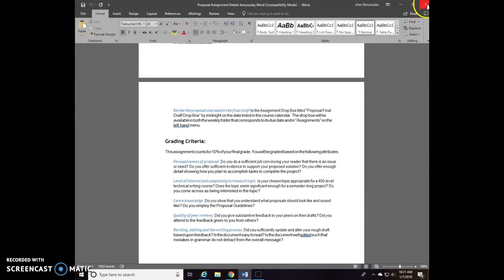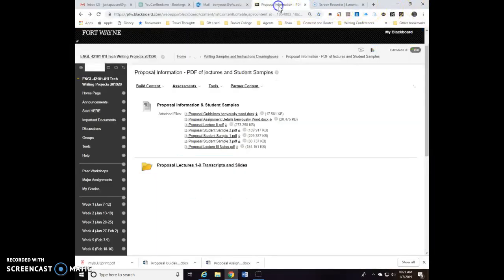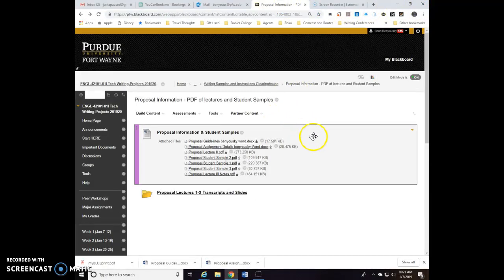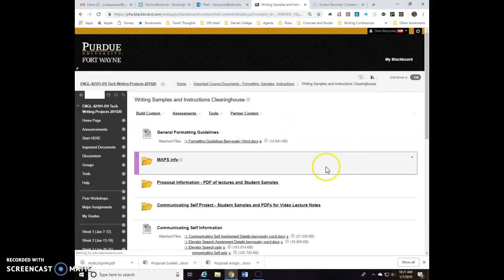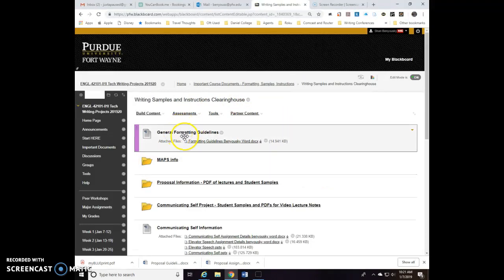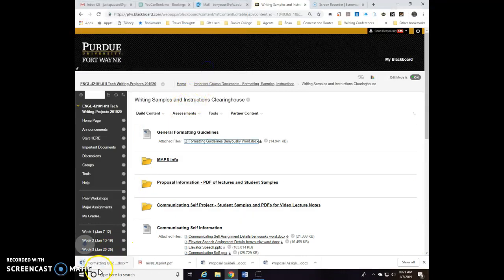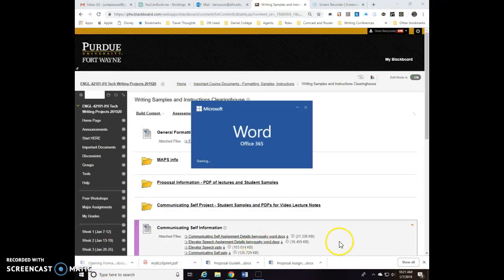Okay, so let's move over here to this class that we're having right here. I want to show you where you can find formatting guidelines. You can see it's right here at the very top. I'll open it up for you real quick. I am not going to read through this entire thing.